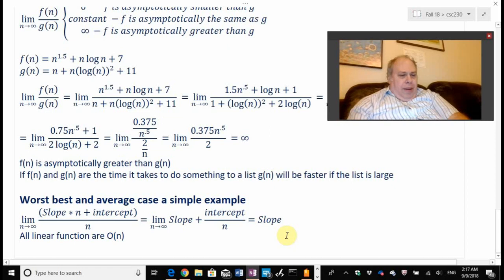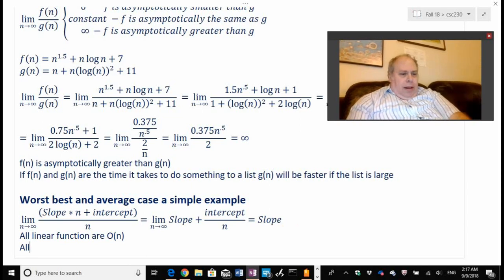Now, this is going to be important. Similarly, all constant functions are O of 1.